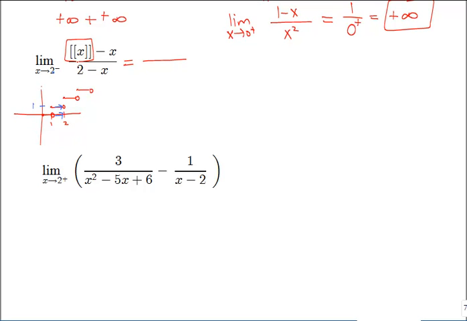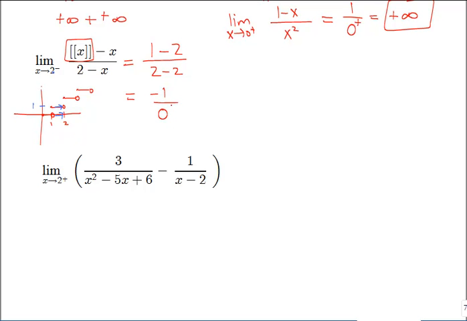So the limit from the left side of 2 of the greatest integer function is equal to 1. If I plug in 2 into just x, that's going to give me that 2 back again. And if I plug in 2 into the bottom, that's going to give me 2 minus 2. So in the numerator, we're getting 1 minus 2, which is negative 1. And on the bottom, we're getting a 0.